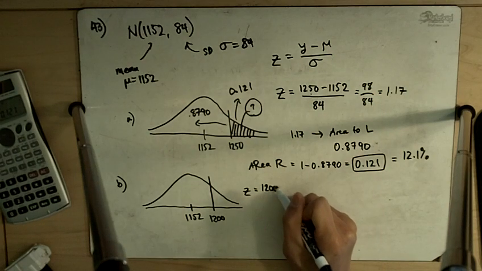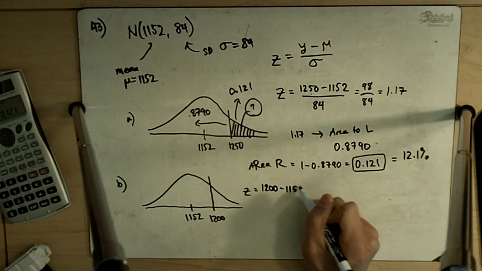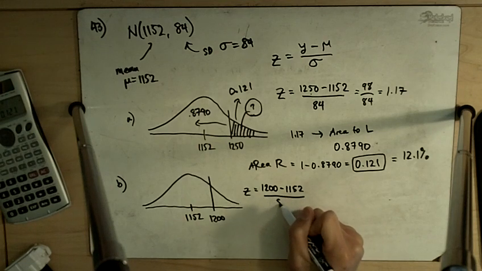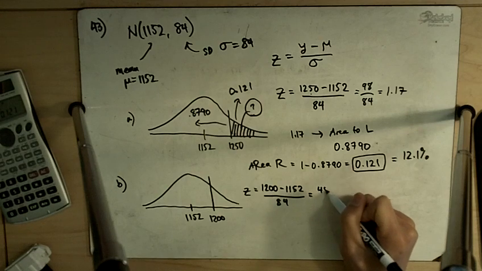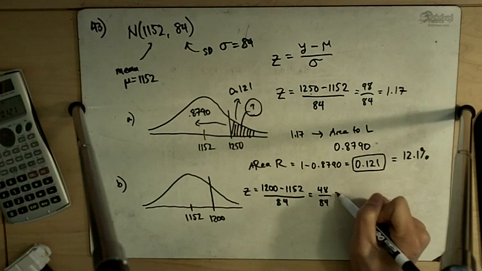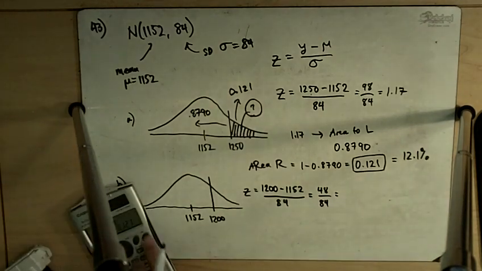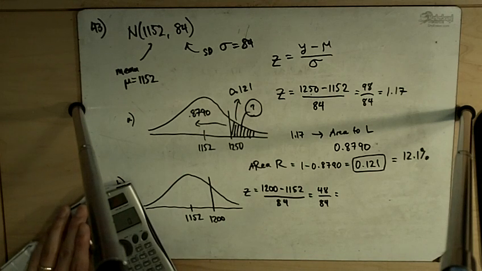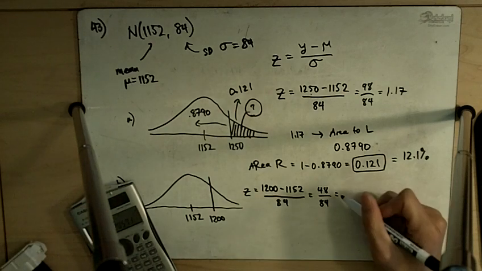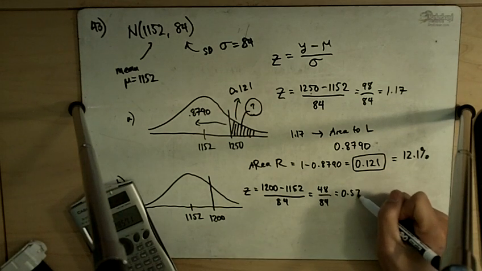Our y is 1200, our mu is still 1152, and our sigma is still 84. So this becomes 48 divided by 84, and we get 0.57.